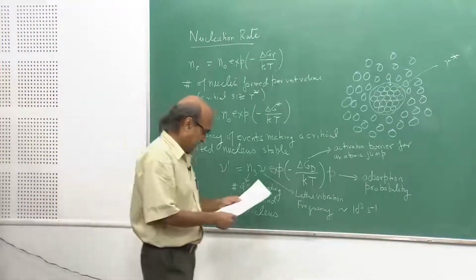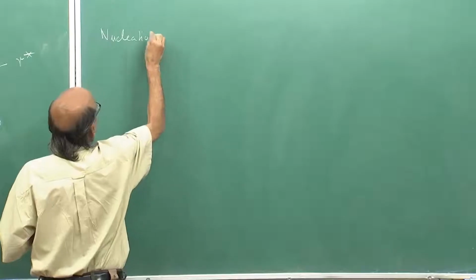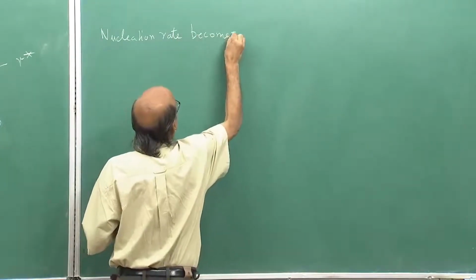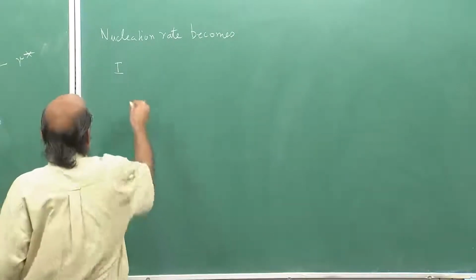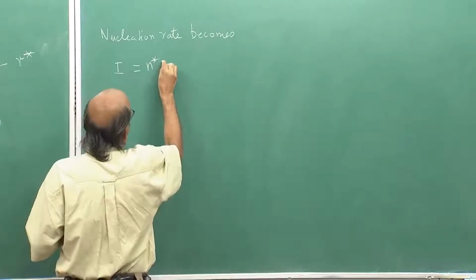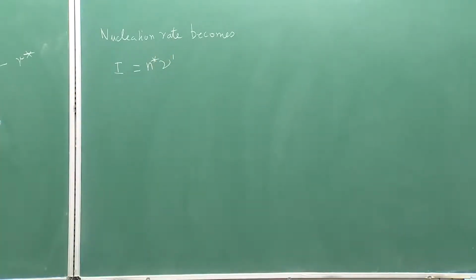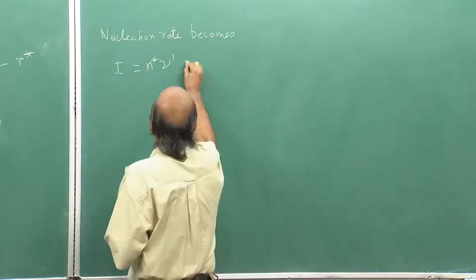And hence, the nucleation rate can be written as, the nucleation rate becomes, denote it as I, which is nothing but the number of critical size nuclei times the frequency with which these nuclei will become stable. So n star times nu prime.